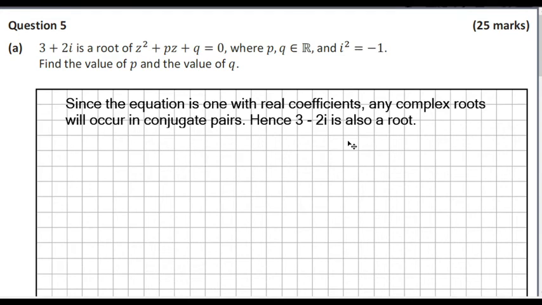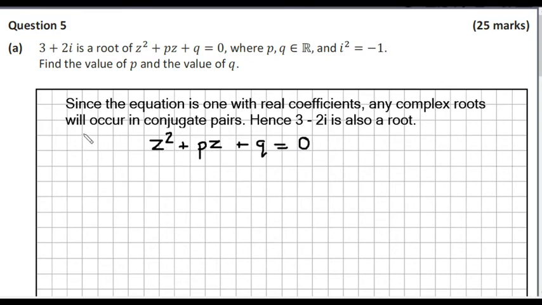So, now, how will we use that to get p and q? Well, this equation is the one that we're dealing with here. So z squared plus pz plus q is equal to 0. That's a quadratic equation, and the coefficient of the z squared term is 1.